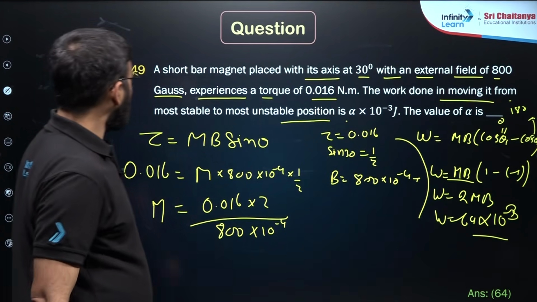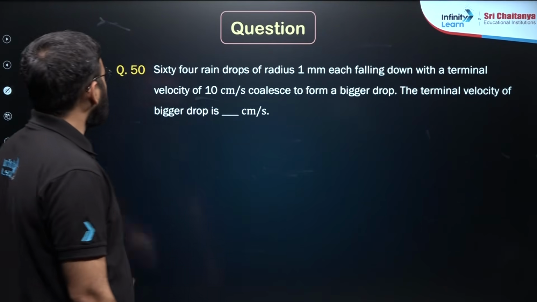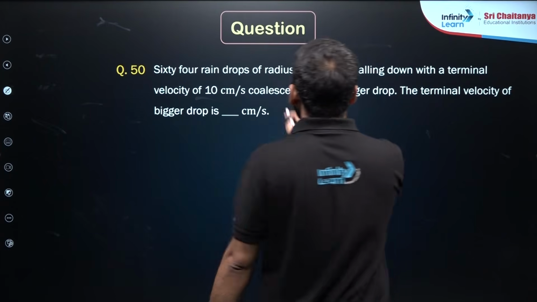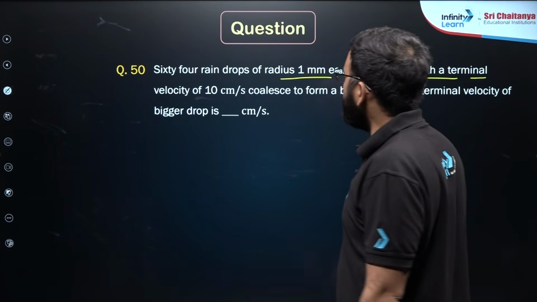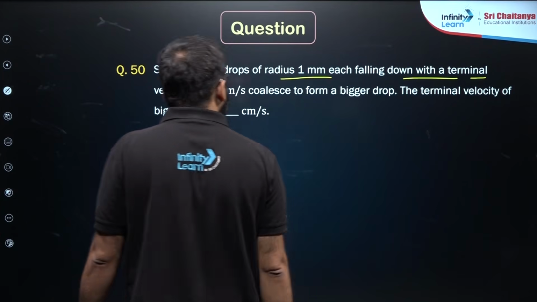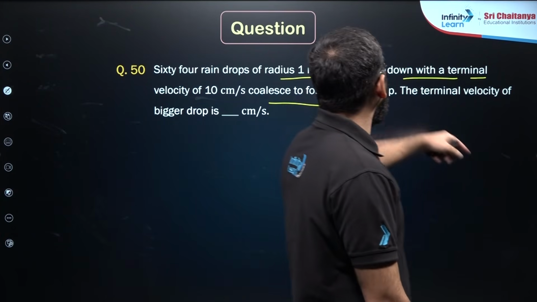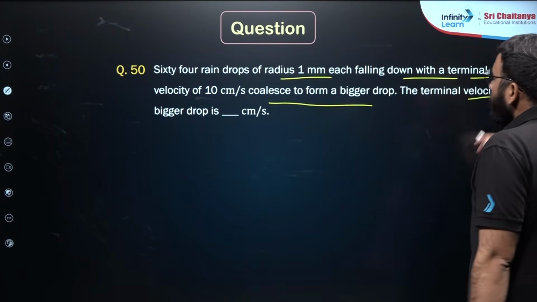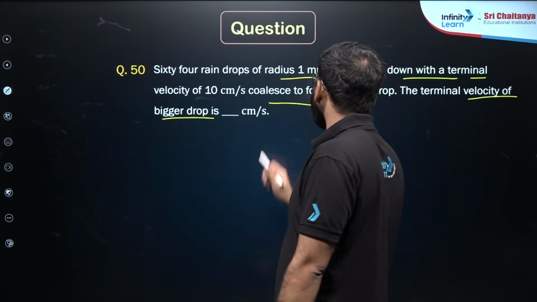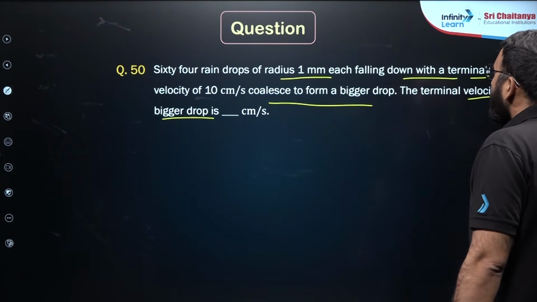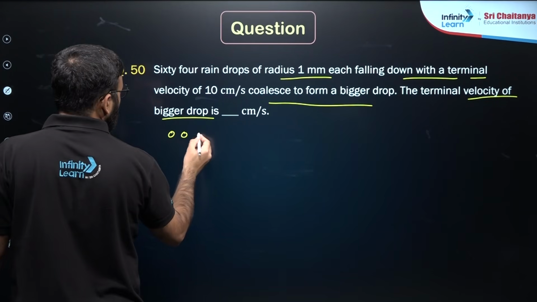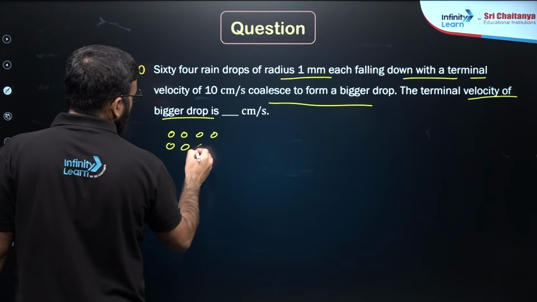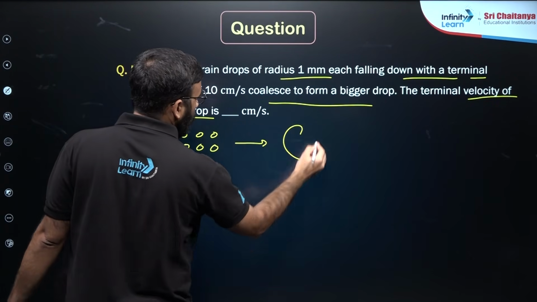Okay, and the last question: 64 raindrops of radius 1 mm each are falling down with a terminal velocity of 10 centimeter per second, and coalesce to form a bigger drop. So what is the terminal velocity of the bigger drop? Okay, 64 raindrops means, in this way 64 are making only one big drop.